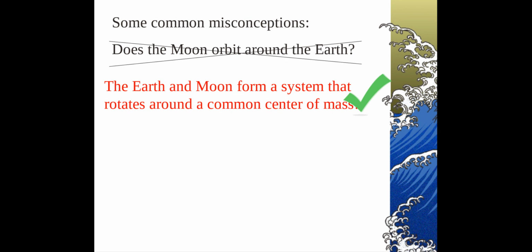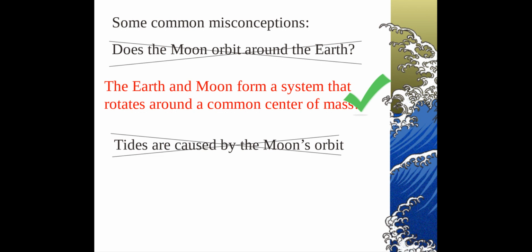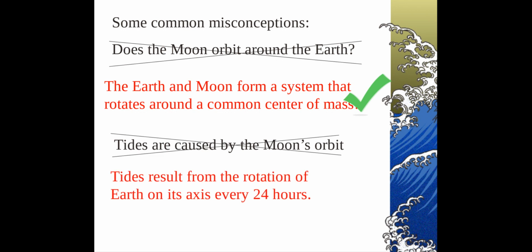And also, it orbits around the sun. Are tides caused by the moon's orbit? Think about the question above. No, they're not. Tides result from the rotation of the Earth on its axis every 24 hours. So there is a difference between that.